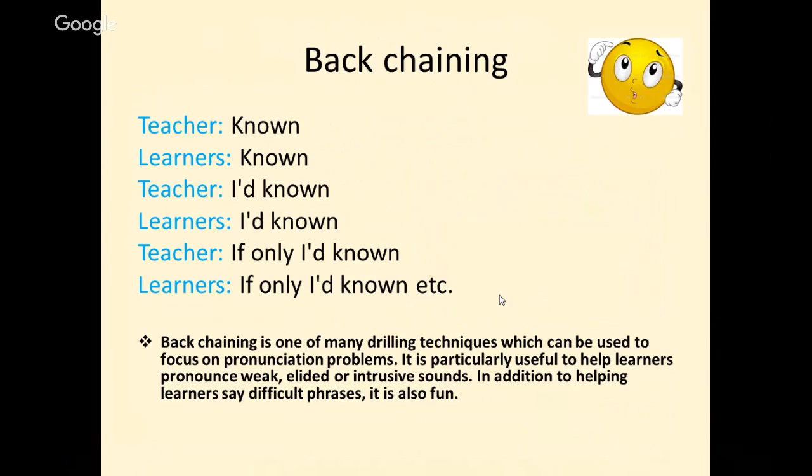The teacher starts with known, then the learners repeat I'd known, and then they repeat if only I'd known, and so increasing every time. They practice pronunciation and intonation, and it's particularly useful to help learners pronounce weak or intrusive sounds, and in addition, helps learners say difficult phrases, and it's also fun to do this.